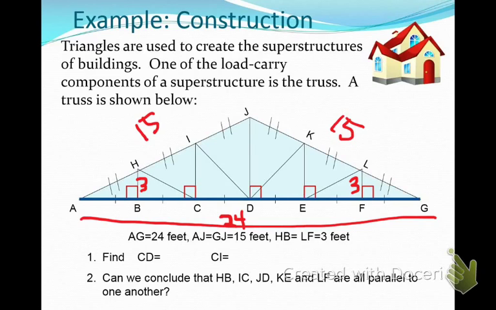Well, you're on the right thinking. I think an easier way to describe that is we've got these markings. Each one of these segments is the same length. There's 6 of them, so the entire length is 24. If it's divided into 6 equal segments, we divide 24 by 6, and that would mean CD is 4.